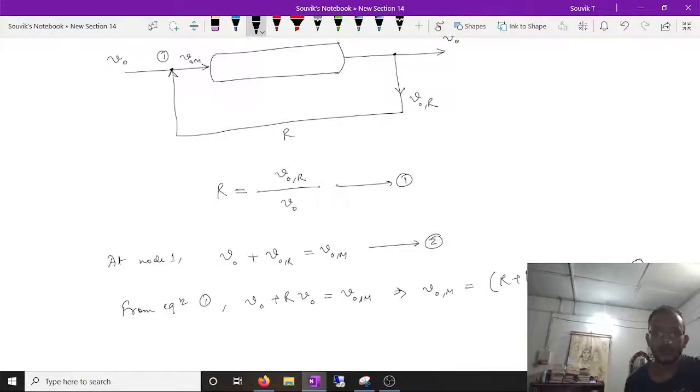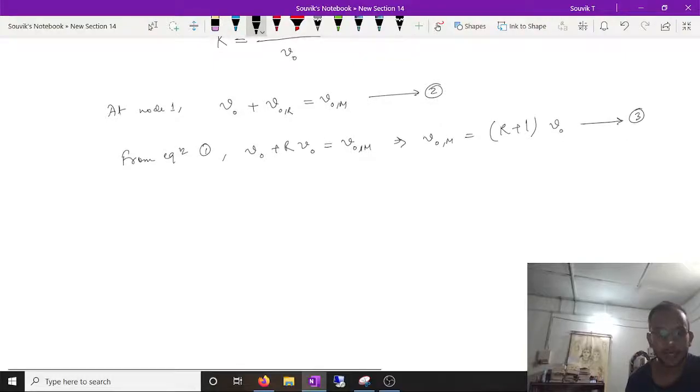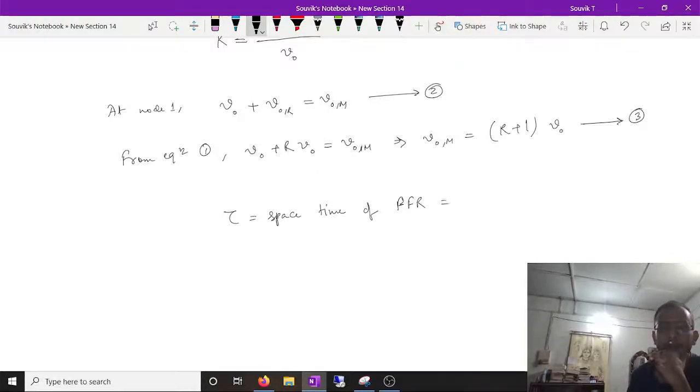Now it has been provided that tau is the space time of the reactor. Normally we write tau as V by V0 in the ideal case. But now due to this recycle, tau gets written as tau dash.